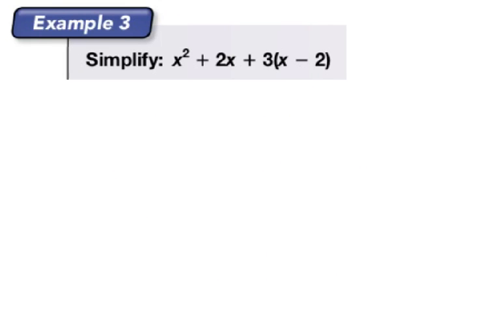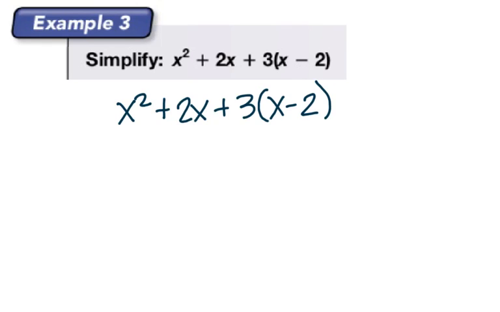Okay, example 3. Let's rewrite the problem. We have x squared plus 2x plus 3 parentheses x minus 2. Okay, so we're going to focus on these parentheses first. Remember, I have these two terms that I want to distribute my 3 to.